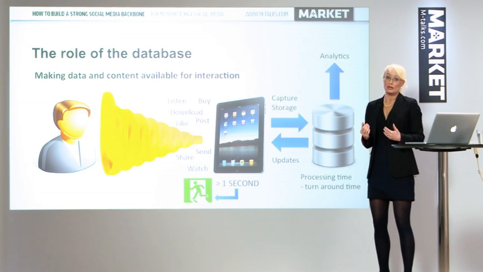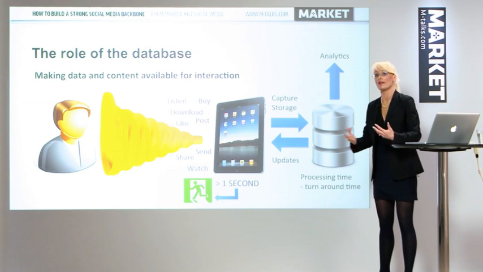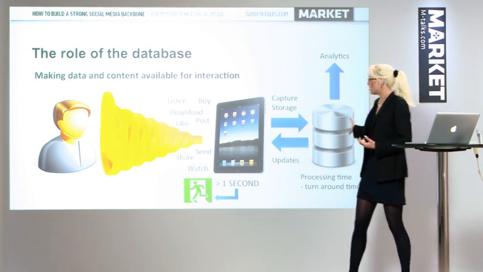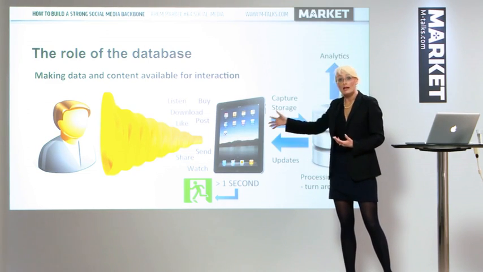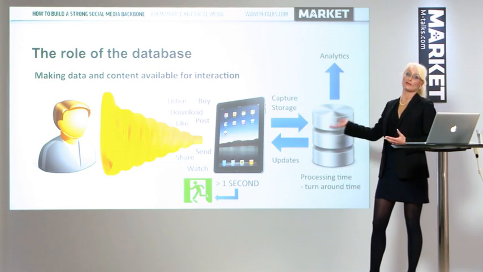You need to respond, and the quicker you respond, the longer you have your client on, and the longer you have your client willing to engage with you. You also need to push information quickly to the client. Depending on what they do online, depending on how the users respond, you need to push the right information to the client.